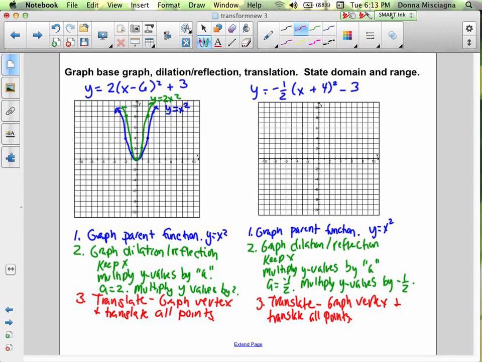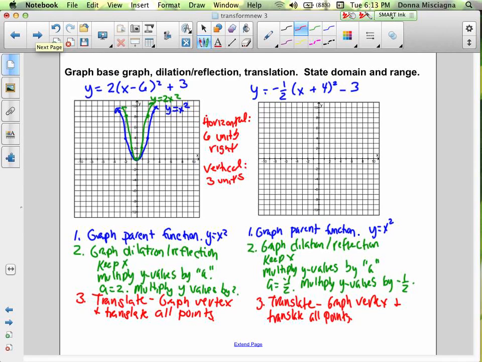So we have a horizontal translation, and the horizontal translation is 6 units right. Then we have 3 added to the whole function, so we have a vertical translation. We're adding a positive value, so that's going to be 3 units up.